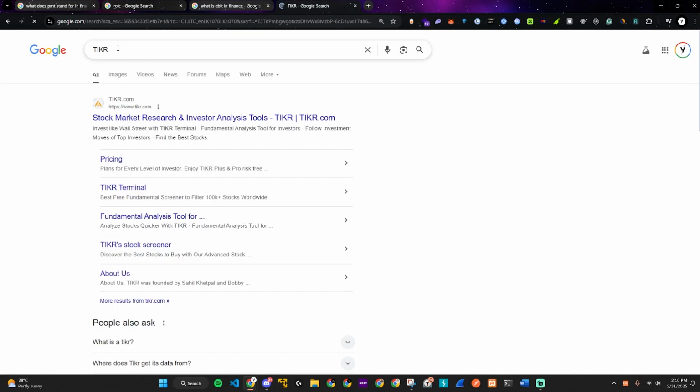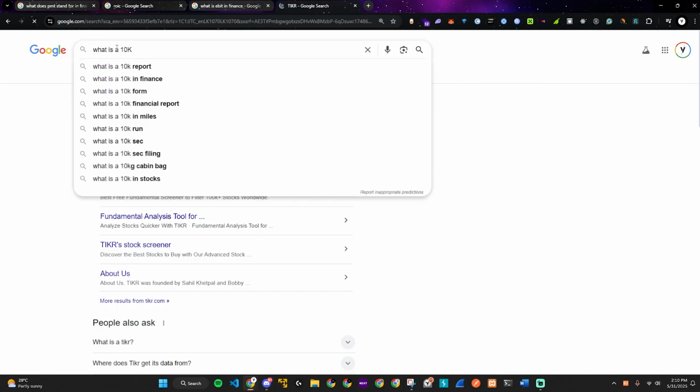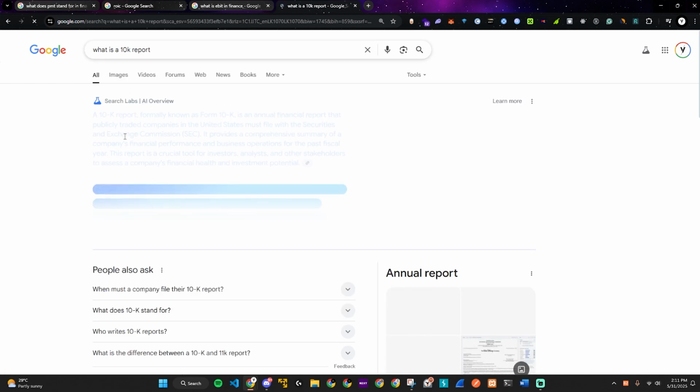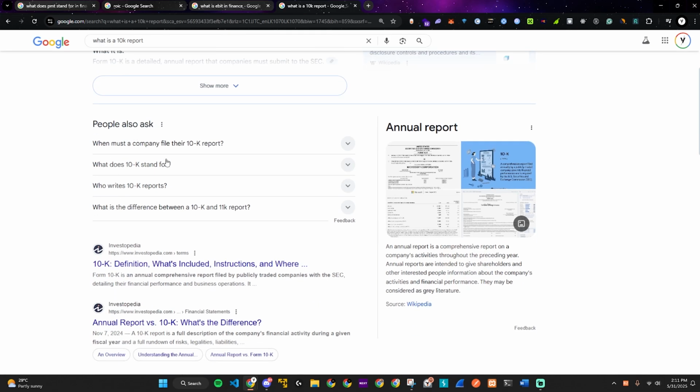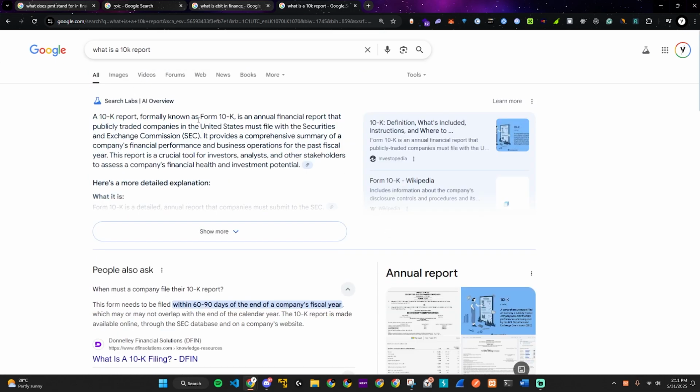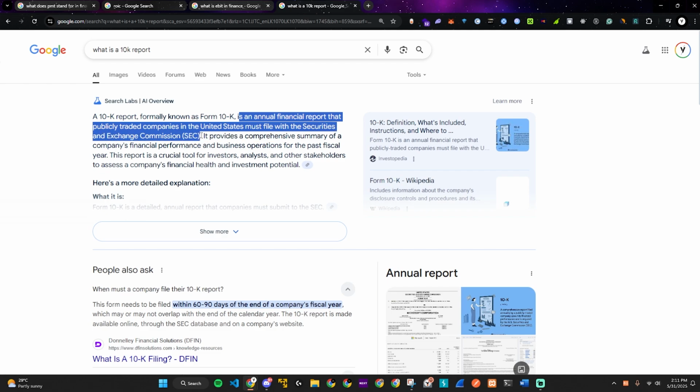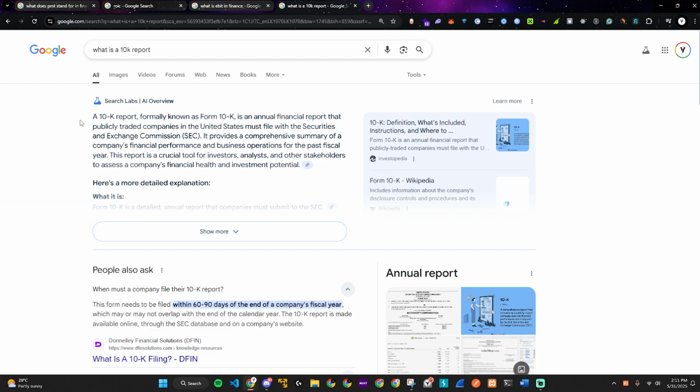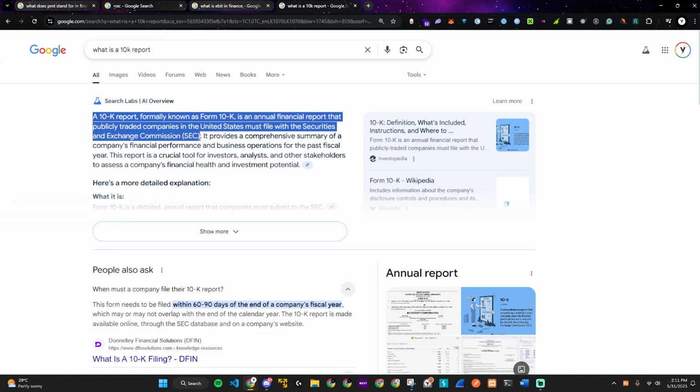What is a 10-K report? It is an annual financial report that publicly traded companies in the United States must file with the Securities and Exchange Commission. Right, okay. A 10-K report provides a comprehensive summary of a company's financial performance and business operations for the past fiscal year.